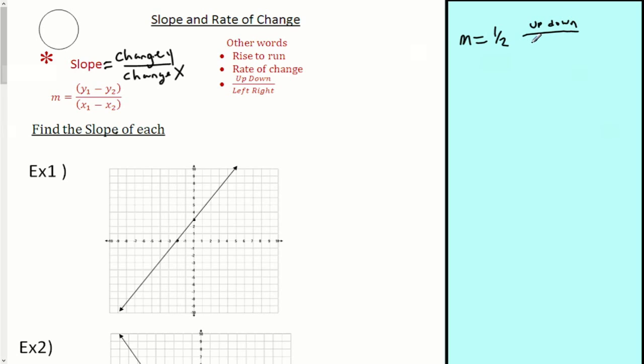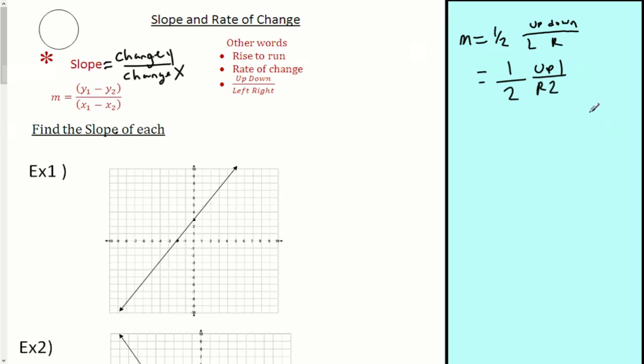The bottom number tells me to go left or right. So when I see 1 over 2, is 1 positive or negative? It's positive, so it's telling me to go up 1. The 2, is it positive or negative? It's positive, so it means go right 2.